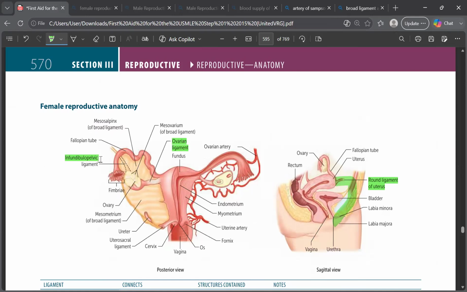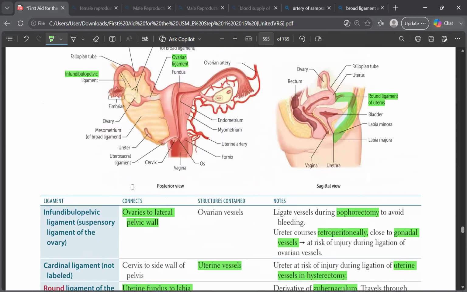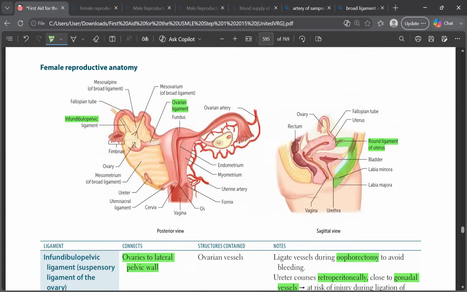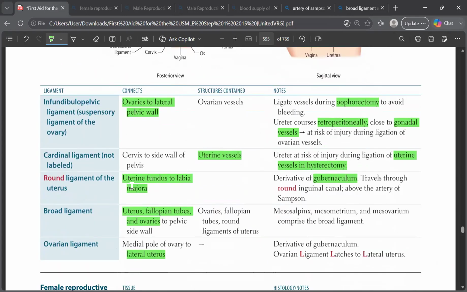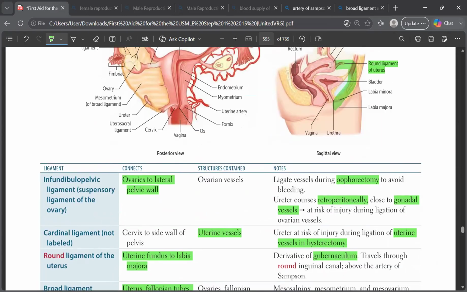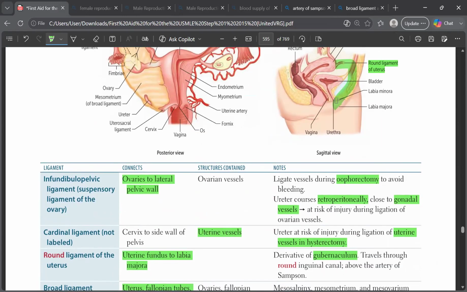We have done the infundibulopelvic ligament that connects the ovary to the lateral pelvic wall. We have done the ovarian ligament that connects the ovary to the lateral uterus. We have done the round ligament of uterus that connects the uterine fundus to the labia majora, this big ligament, and it travels through the round inguinal canal.